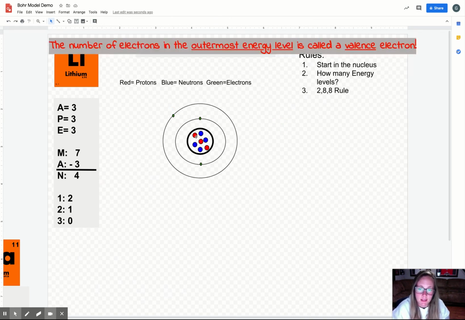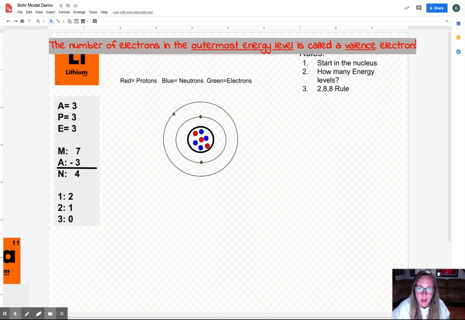It illustrates my nucleus with the correct number of protons, 1, 2, 3, and the correct number of neutrons, 1, 2, 3, 4. It illustrates the correct number of energy levels. Lithium is in period 2 on the periodic table, which is the horizontal row.